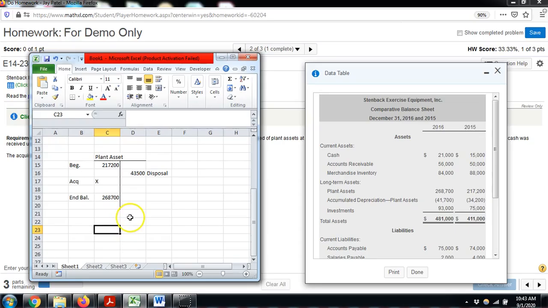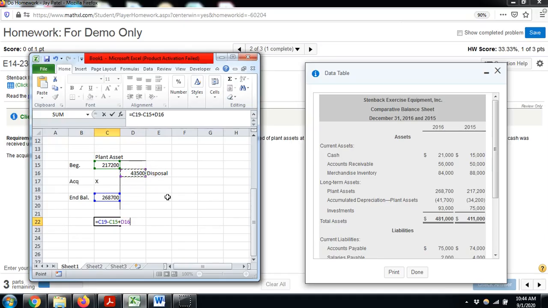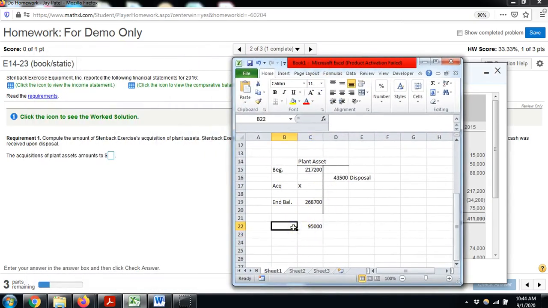If we rearrange the terms and solve for X, we have ending balance minus beginning balance. This would give us the number for X if we didn't have the disposal. But since we have the disposal, we have to add in that amount because this X has to, in addition, go from the beginning balance to ending balance and also make up for this credit. So if we do this, we get a value for X of 95,000.